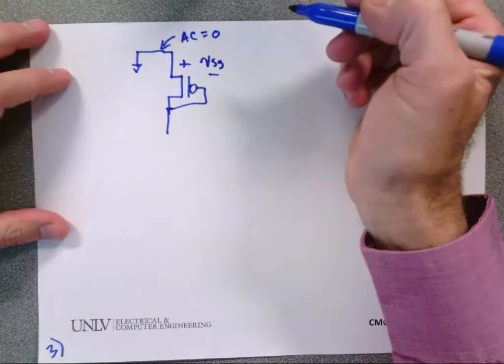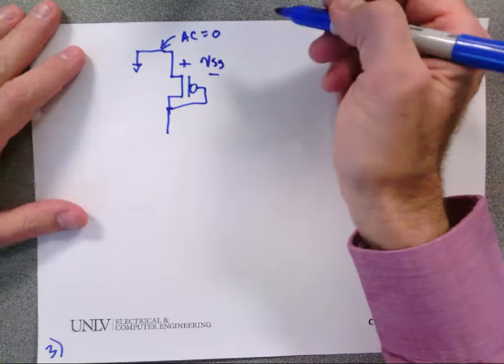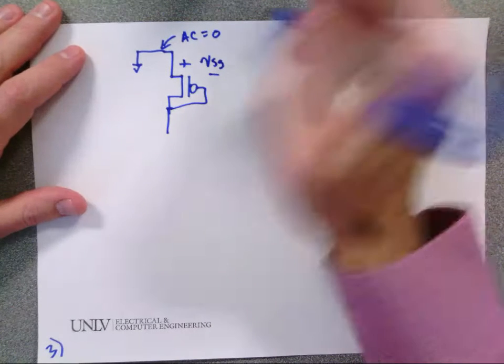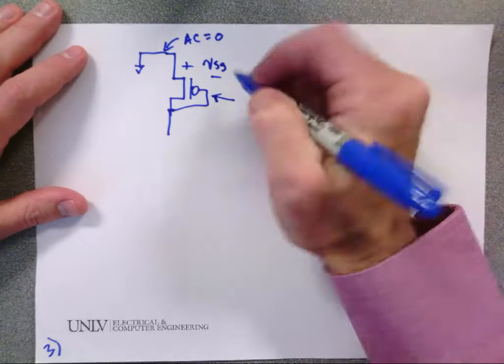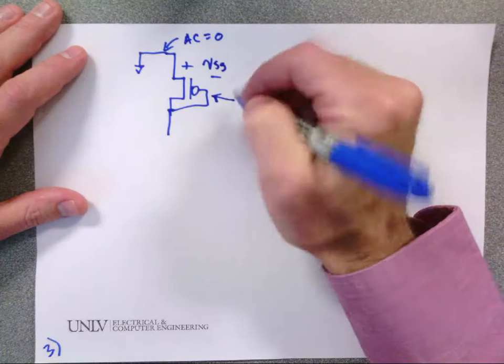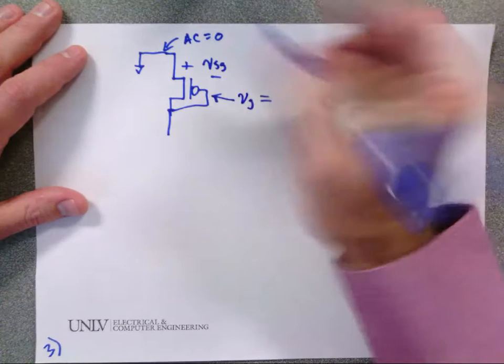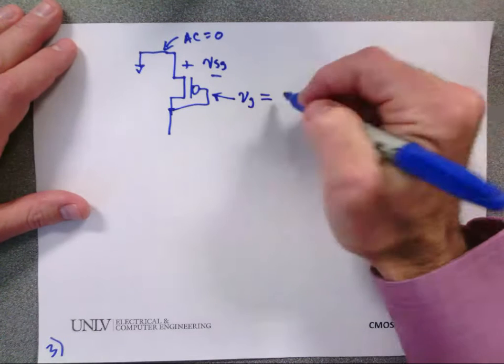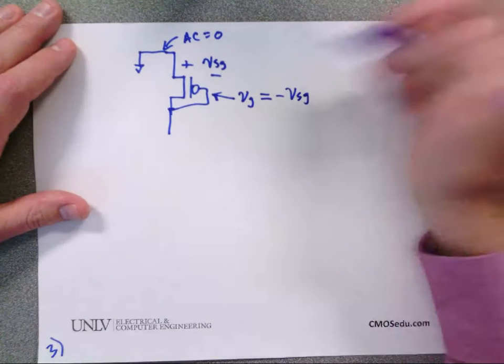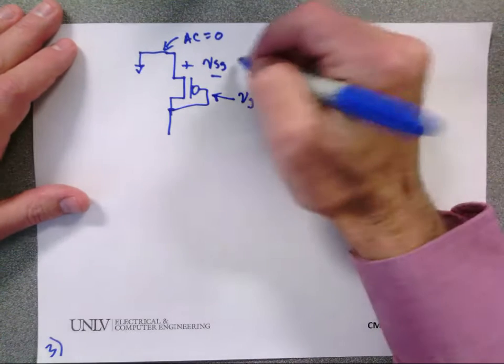Okay, so what is this voltage here? And how is that related to VSG? How do I know that?